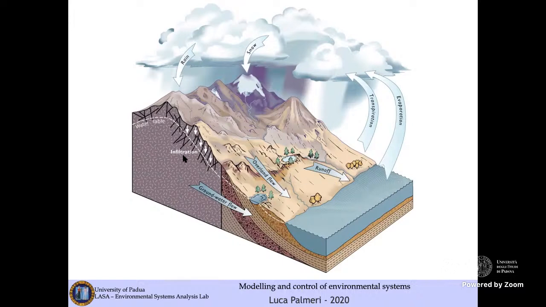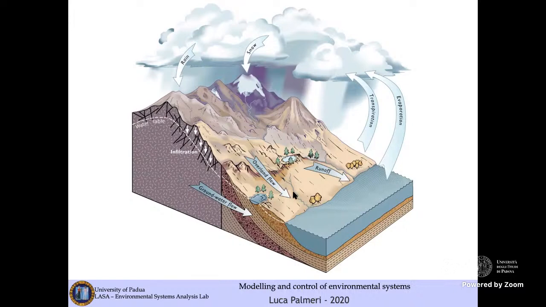And we may also identify groundwater flows that are very relevant because, as you can imagine, as environmental engineers, groundwater is another important way through which water moves from the falling point to the receiving bodies, in particular rivers, lakes, or oceans or seas.